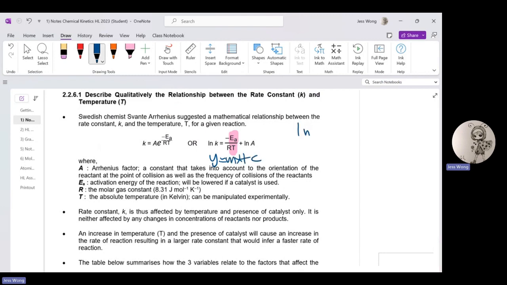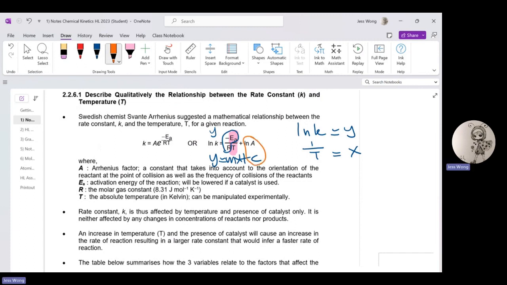If we let ln k be our y, and we let 1 over T be our x, then this will be your y, this is your m, and this is your x, plus c. Later when we plot a graph using this Arrhenius equation, we will expect a straight line with a y-intercept of c, and c is ln A.